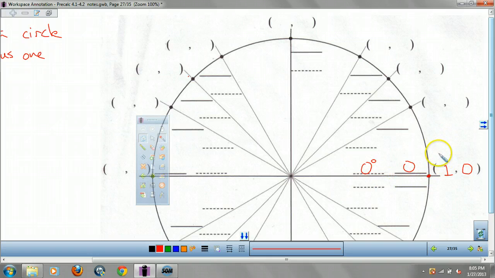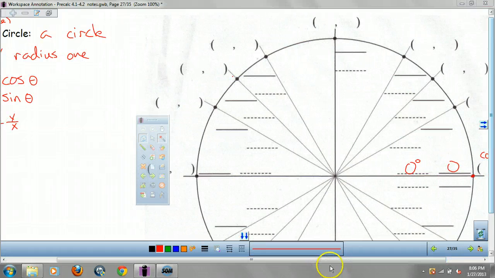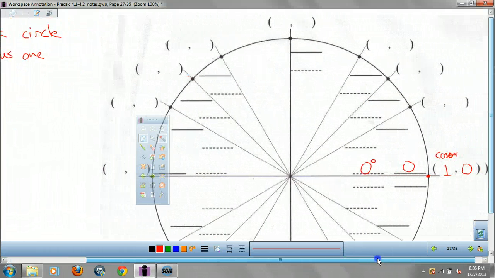So that means my cosine of 0 is 1. My sine is 0. Sine's my y, cosine's my x. Okay? Keep that in the back of your head.